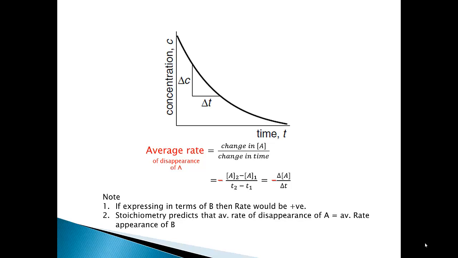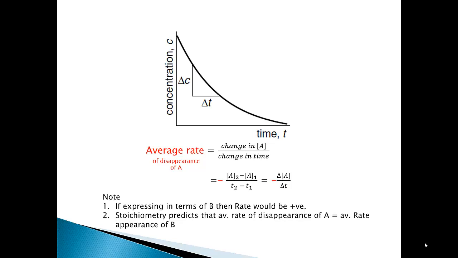depending on our time period, we can get a different value, because the concentration as it changes over time is not going to be, in most cases, a linear relationship. So we have to look over a certain period of time. You can see in this case, the concentration of A is dropping quite sharply at the start of the reaction, and then over time the decrease in A is less and less.